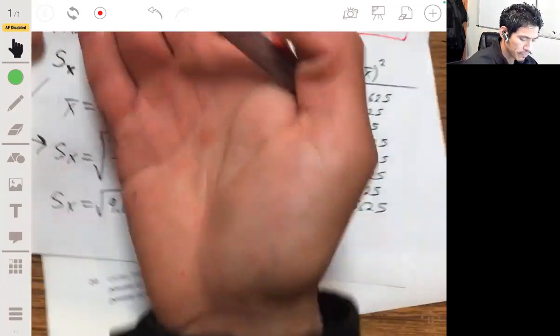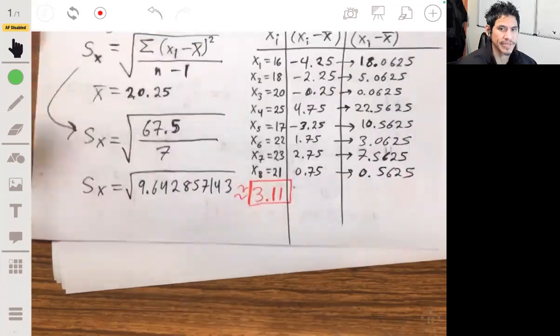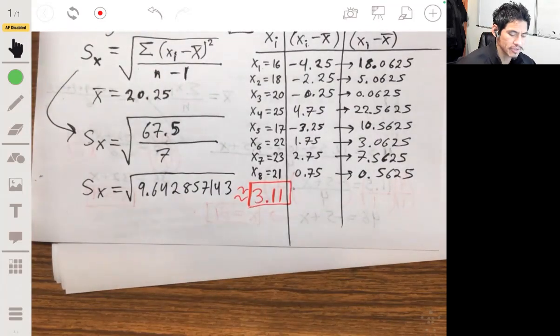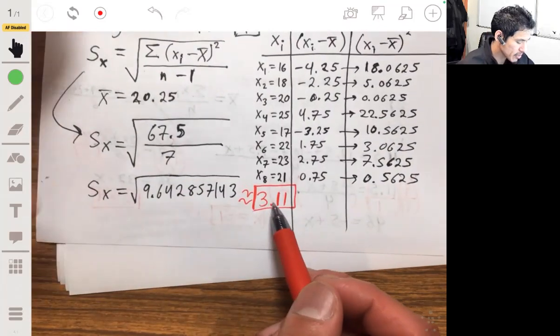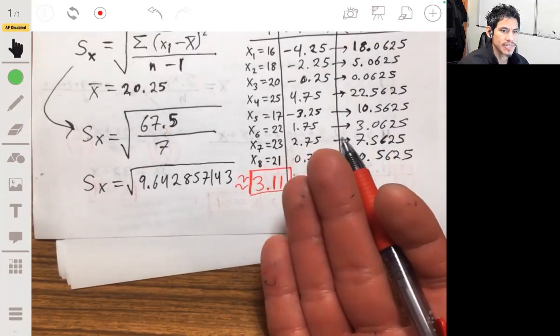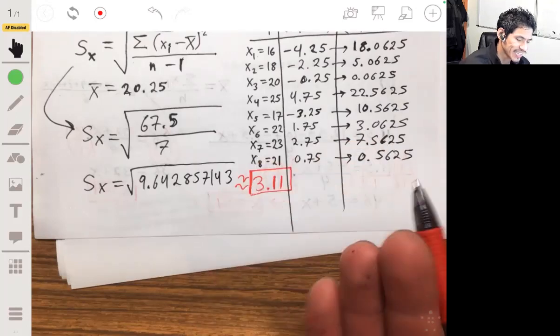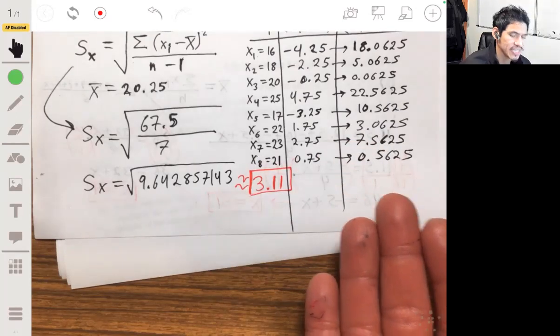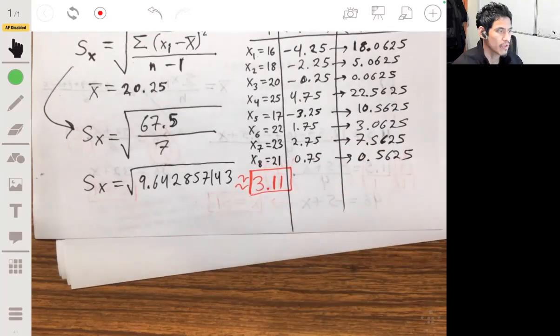Standard deviation is variation within the data set. So like this 3.11, we can think of it as the average distance that the cat length is from the mean length.